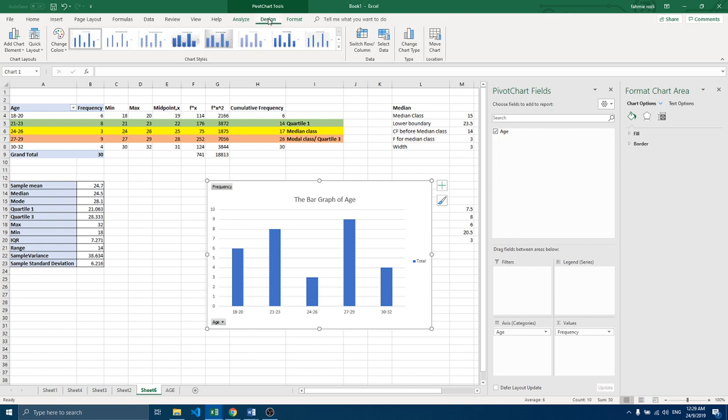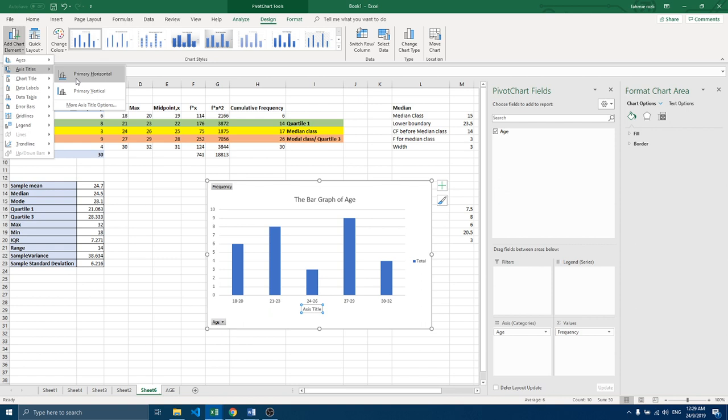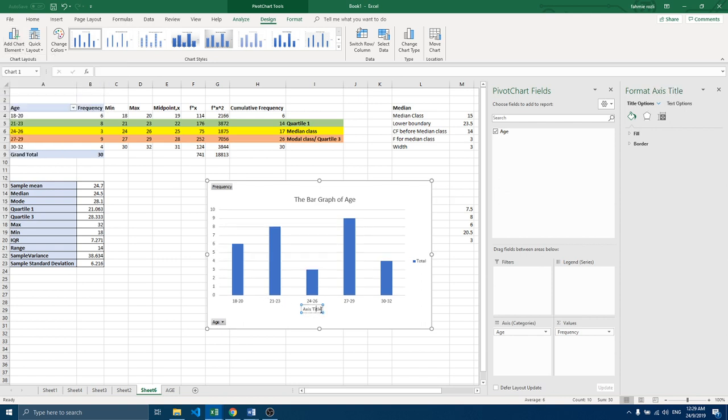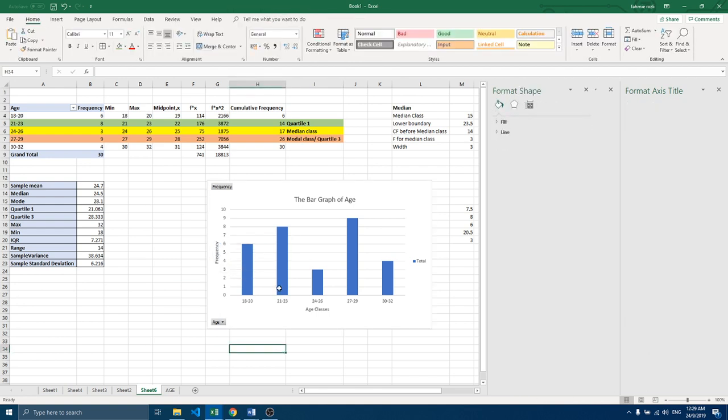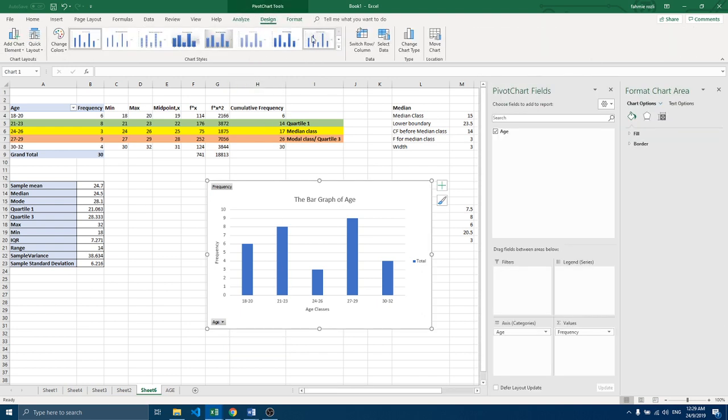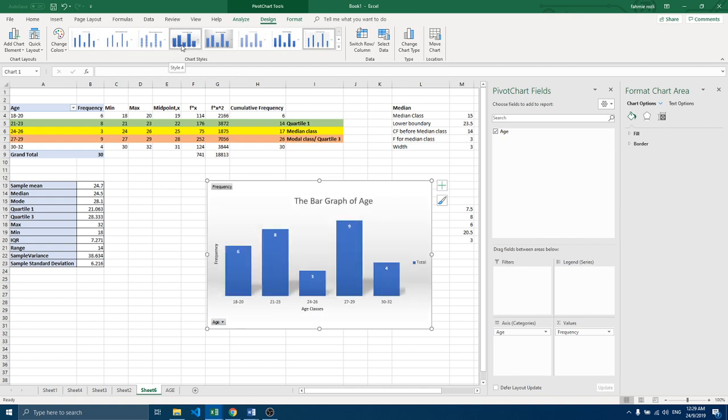Go to design, add chart title as this title, then put each classes, and for y, this is frequency. So it's up to you. You can choose any design that you love.